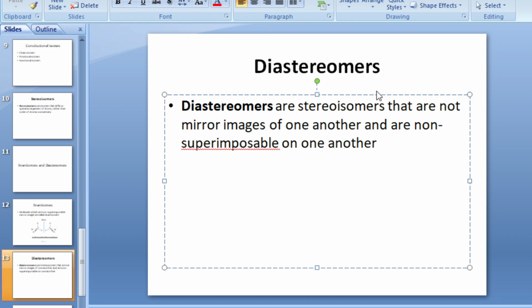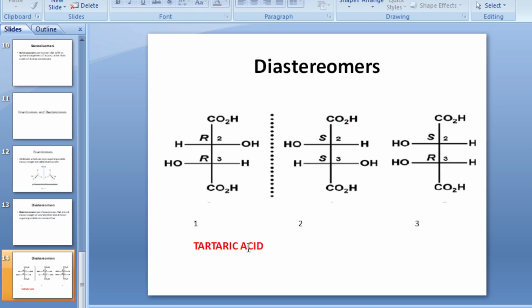So they are not mirror images of each other, and they are non-superimposable. The molecules have the same connectivity. Here, look at tartaric acid. Three molecules of tartaric acid I have shown you.